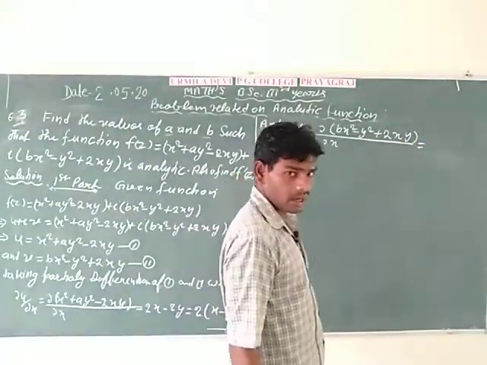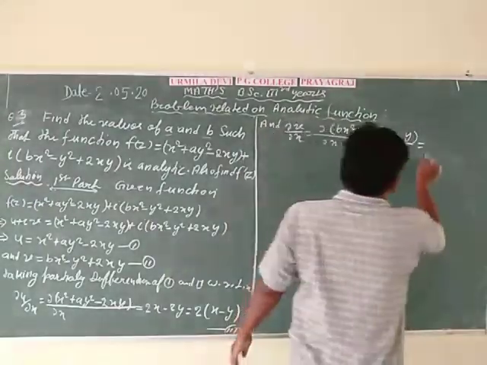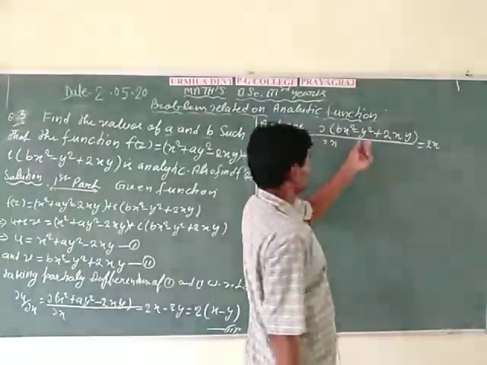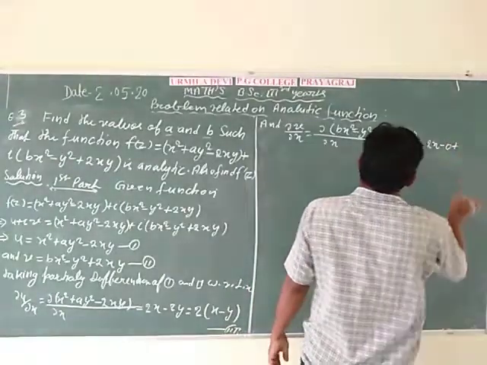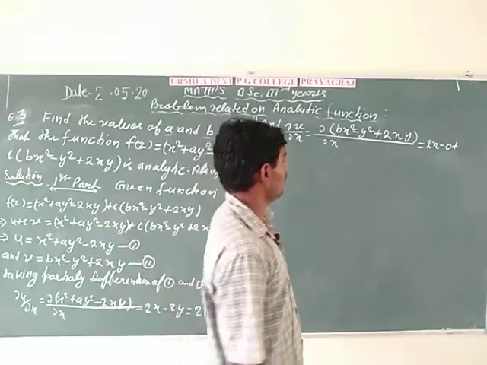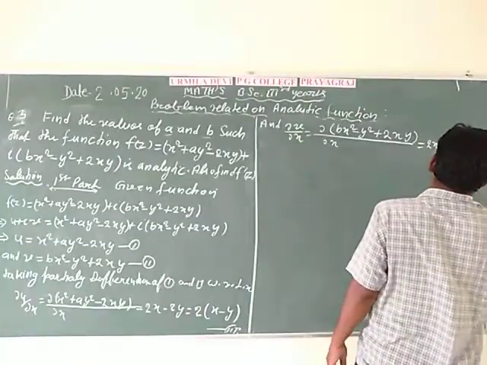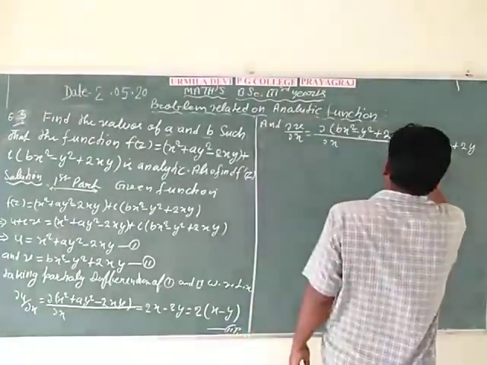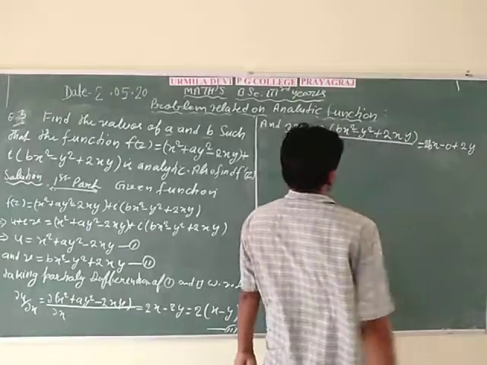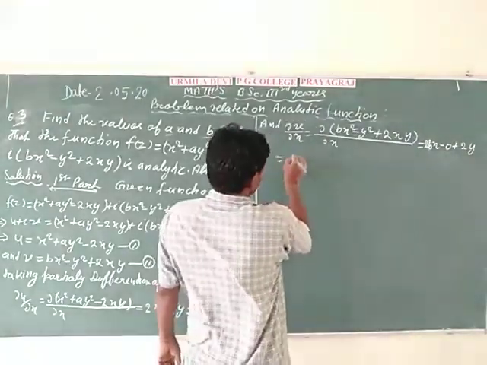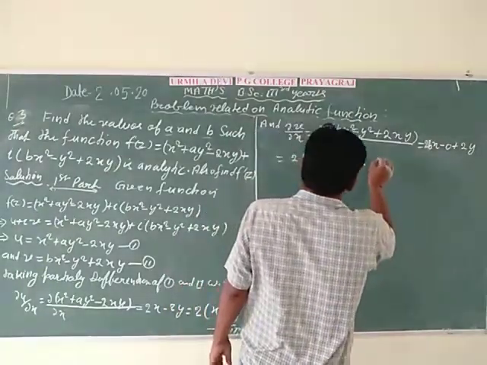Taking partial differentiation with respect to x, b x² gives 2bx, y² is constant so it gives 0, and for 2xy, y is constant and the derivative of x is 1, so it gives 2y. So ∂v/∂x = 2bx + 2y, represented by equation 4.